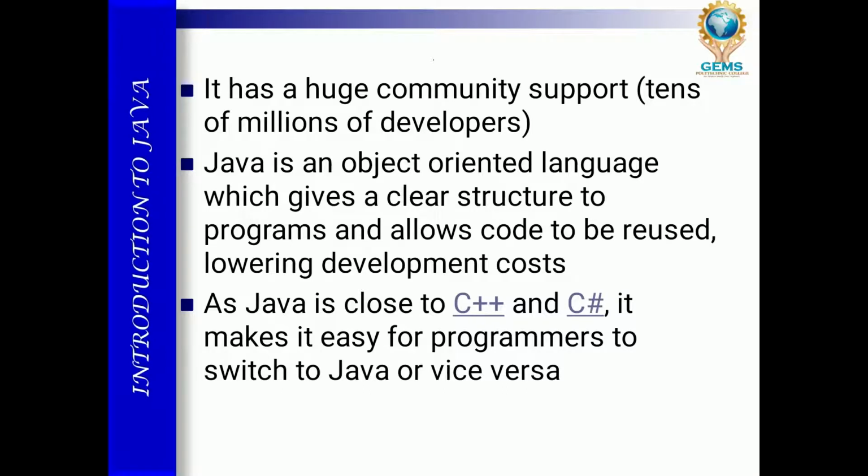Java is close to C++ and C#. I already told you, last semester you studied C++. C++, C#, as well as Java are called object-oriented programming languages. So I think 50% or 60% of the topics are the same in C++ as well as Java. That's why Java is close to C++.